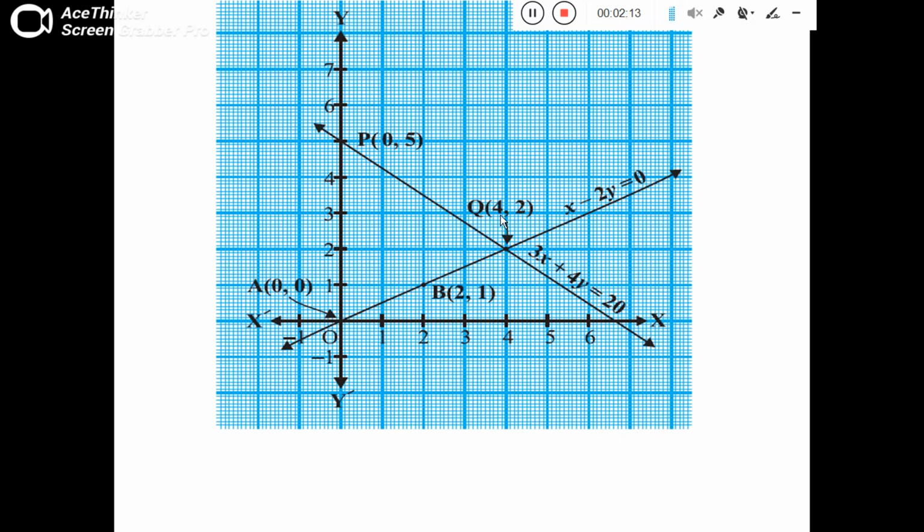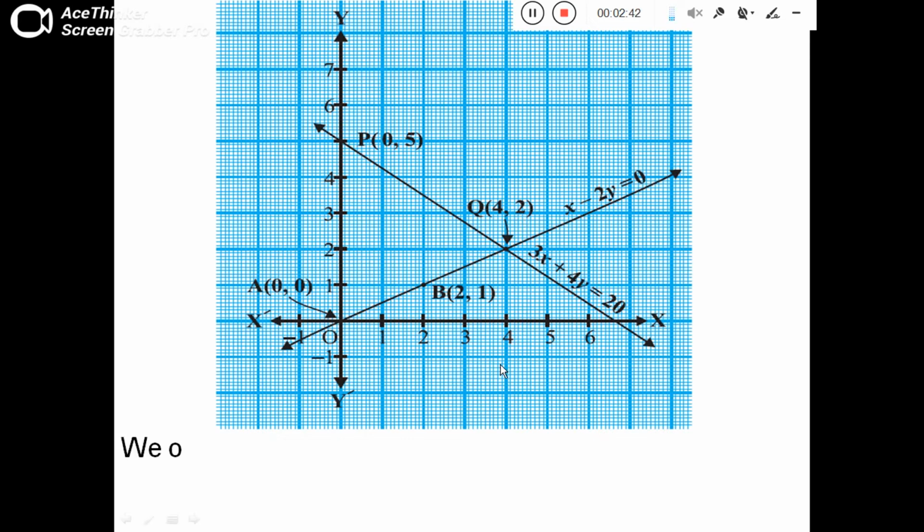So the value of x is 4 and the value of y is 2, which satisfies both the equations. It means, as you have read, x was the number of rides that Akhila had taken on the Ferris wheel. It means she had 4 rides on the wheel and she played 2 times the game Hoopla.